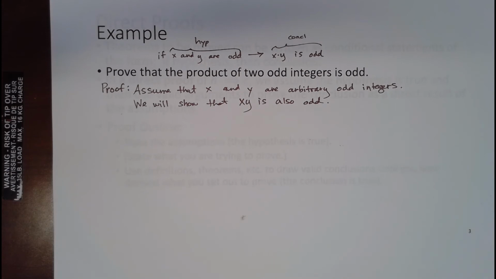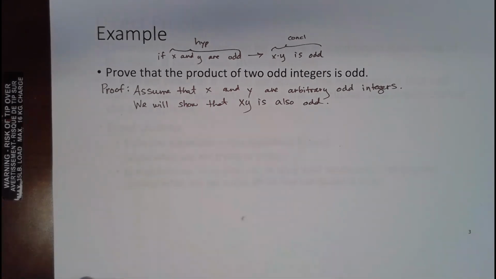So I know from my assumptions now I have to work off of my assumptions and use only valid arguments to somehow get to this point that xy is odd. So my assumptions were that x and y were arbitrary integers. Okay, well I know the definition of odd. Usually that's the first place I'm going to start.